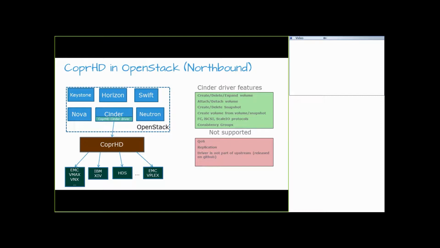So a lot of that underlying orchestration stuff with vplex, RecoverPoint and all that will work here. The OpenStack guy is kind of oblivious to all that, but through the driver layer, all that stuff will work.